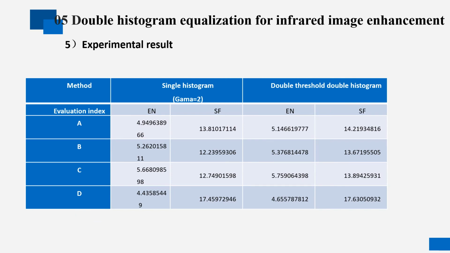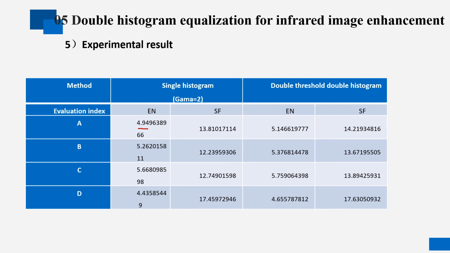So what are the EN and SF values of applying single histogram equalization with gamma correction and double histogram equalization depending upon the threshold? Here I would like to tell you that EN, or information entropy, is highly associated with the brightness of the image. A greater value means the image is clearer, while a lower value means the image is darker, or the appearance is not as good as we want it to be.